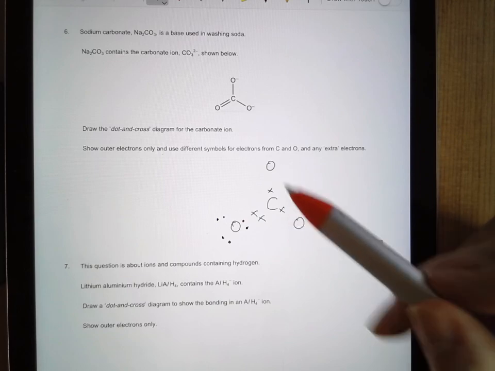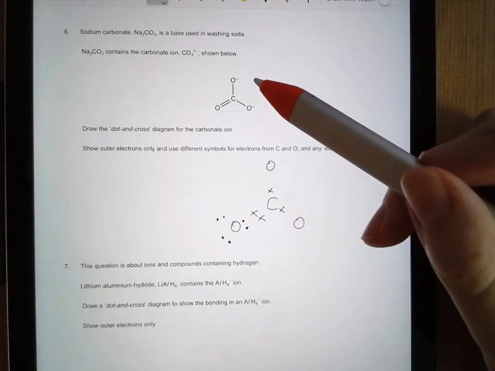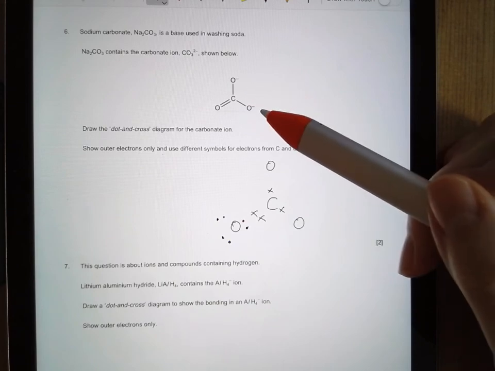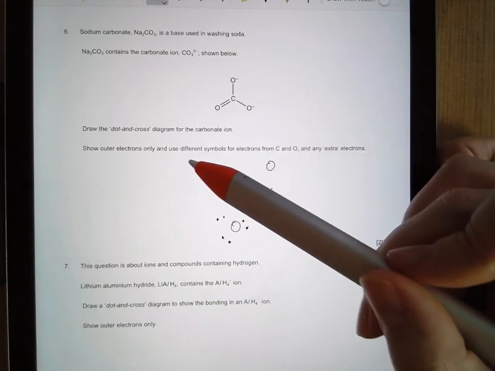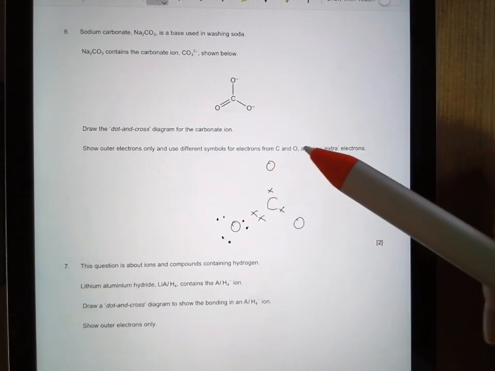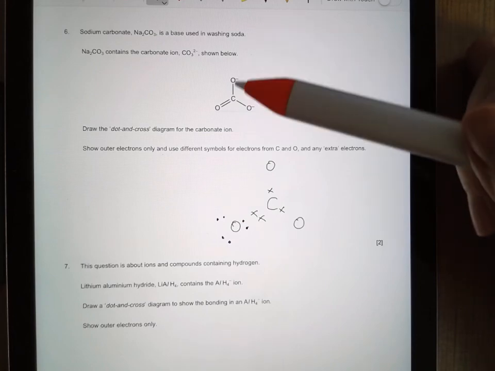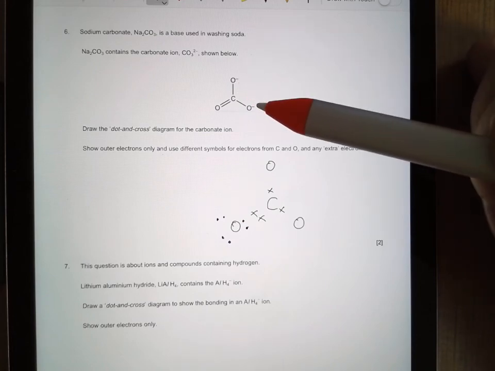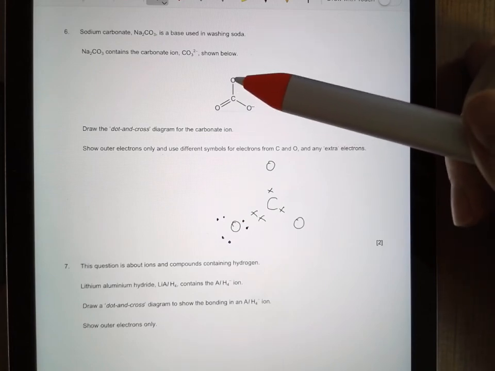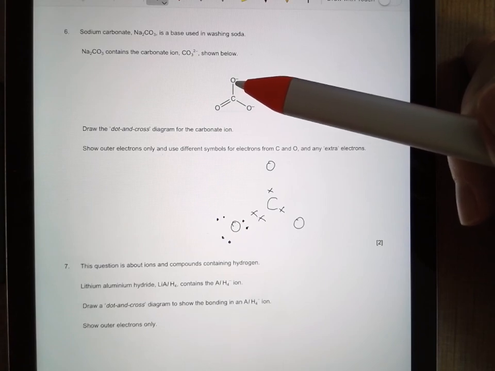Now I've got these 2 oxygens remaining, and in the displayed formula you can see that they both have a negative charge. It says to use different symbols for electrons from carbon and oxygen, which I've done so far, and any extra electrons. The extra electrons they're talking about are represented by the 2 negative charges here. If you've got a negative charge, it means oxygen has gained an electron.